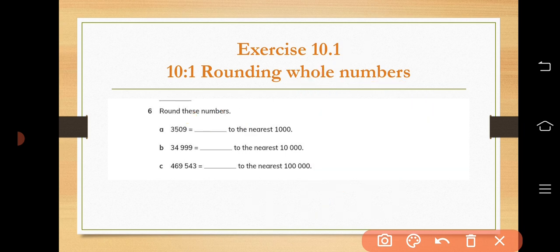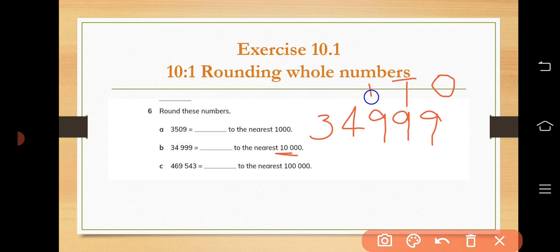Now move on to the next question, that is 34,999 to the nearest 10,000. So firstly you have to write down the place values: ones, tens, hundred, thousand, 10,000.